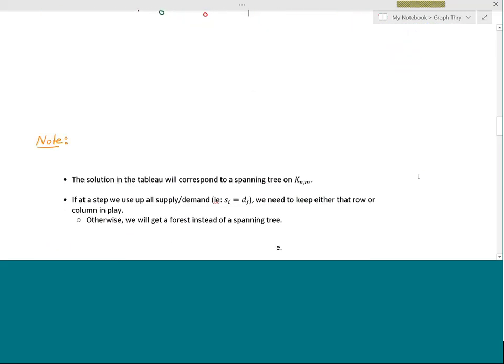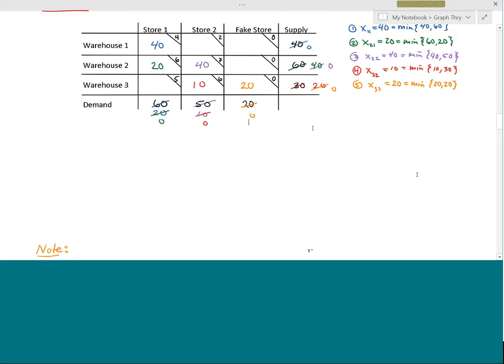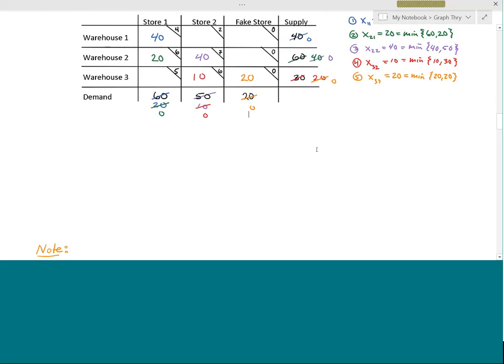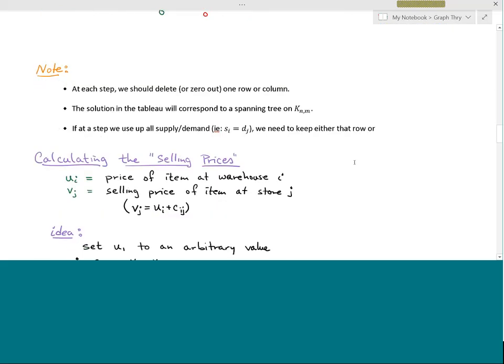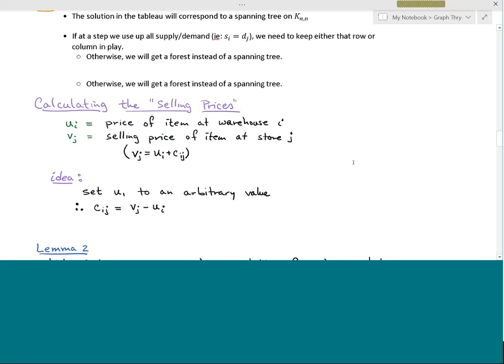All right. Now, how do we actually adjust this initial solution to one that's got the cheapest cost? This is where the algorithm actually starts. So what we've done so far is we just set up our tableau, and then we put on an initial solution. To make that solution better, in other words cheaper overall, we're going to calculate something called selling prices.